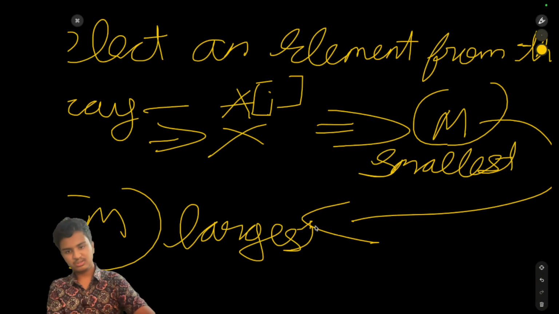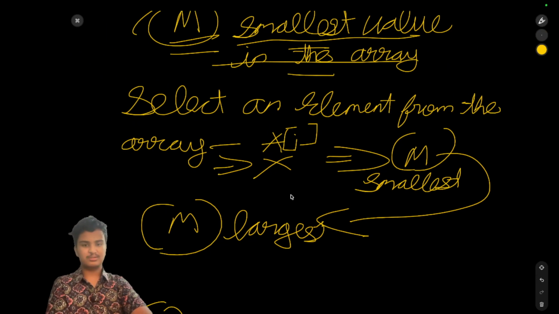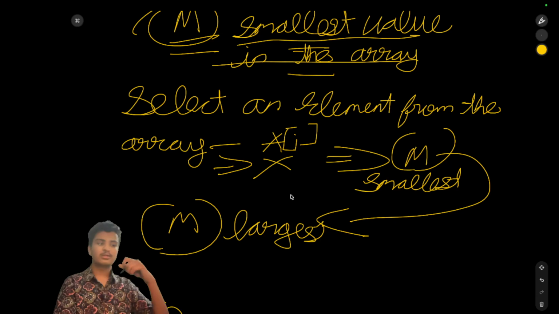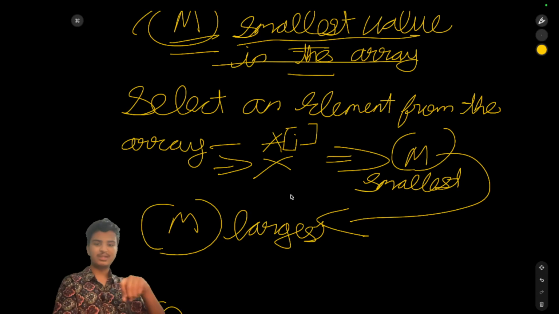What we need to do is select an element from the array, which will be equal to ai, and make that element's value x such that m becomes the largest.